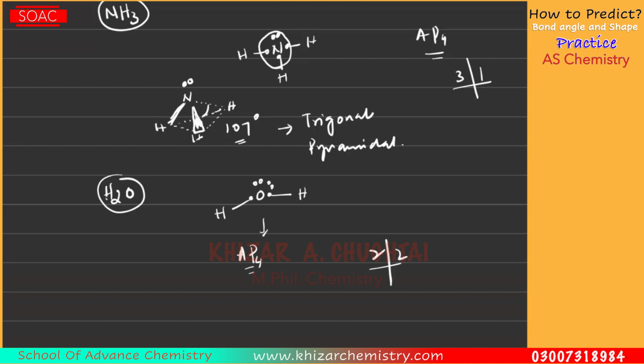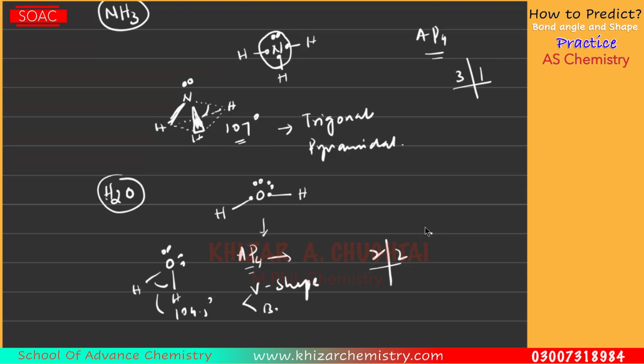So that is having the lowest bond angle in this category, in this AP4 family you can say, 104.5, and this shape will be like that. It's said to be V shape, I mean victory shape.